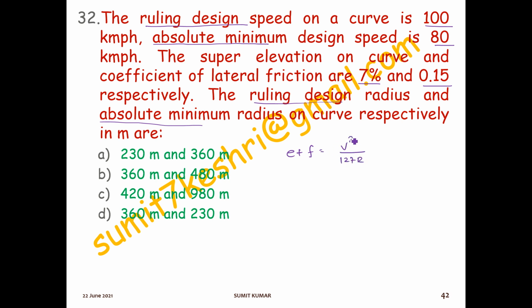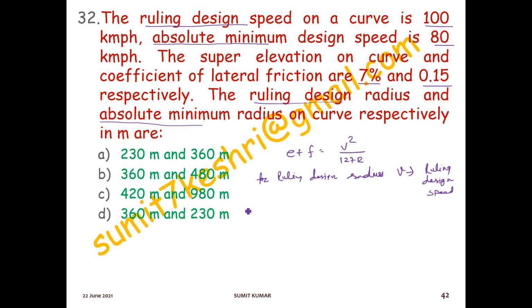If we are finding the ruling radius, then we need to take the ruling speed only. So for the ruling design radius, we will use the ruling design speed.